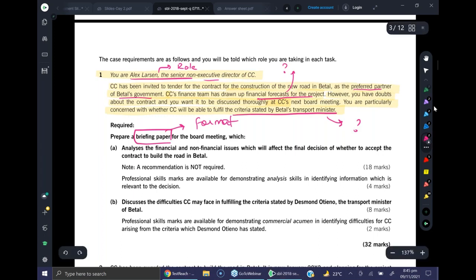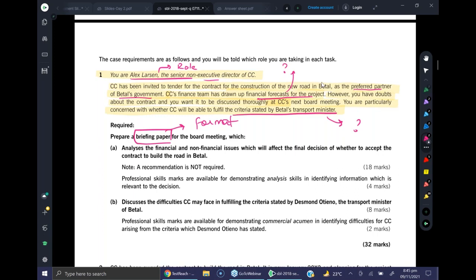You lose one professional skill mark straight away. So just be careful, right? Briefing notes format is nothing fancy. It's just writing brief to the point, write the subject, and just talk to the person through these briefing notes for whom you're writing the notes. So I think by being a little careful, we can get one easy mark.